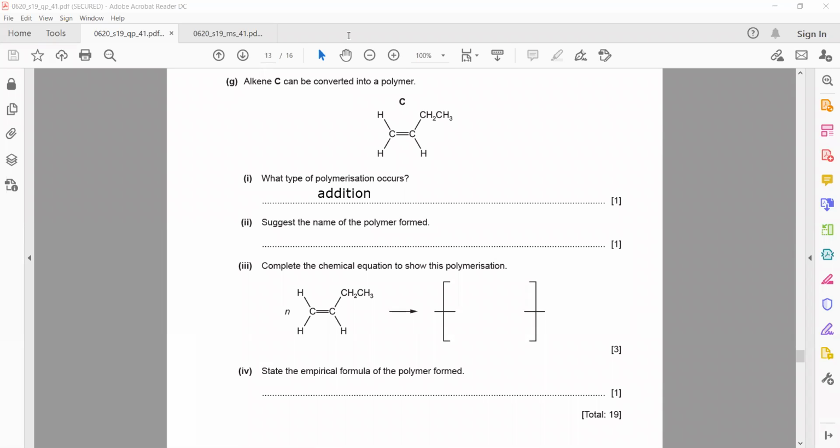First check the monomer name: 1, 2, 3, 4 carbons. So 4 carbons are there, it is butene. So what is the name of the polymer? It will be polybutene.